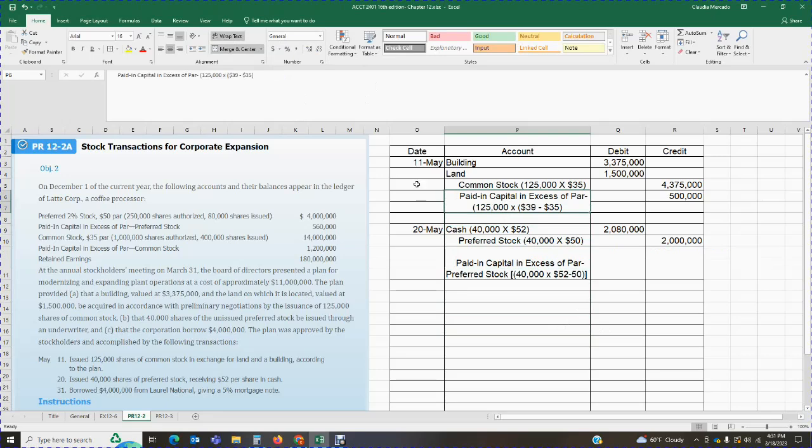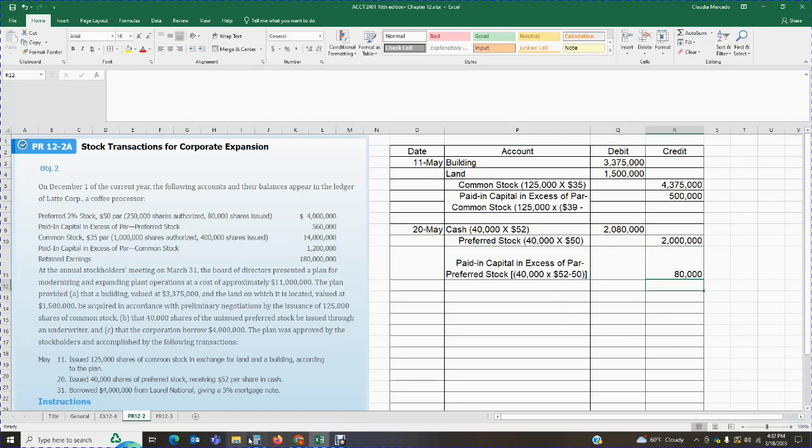Here I forgot to put paid in capital in excess of par, and we should put here common stock, because we need to identify whether that is paid in capital for common stock or for preferred stock. We need to annotate what kind of paid in capital that premium is. Is it for my common stock or for my preferred stock? That amount is going to be the $80,000.